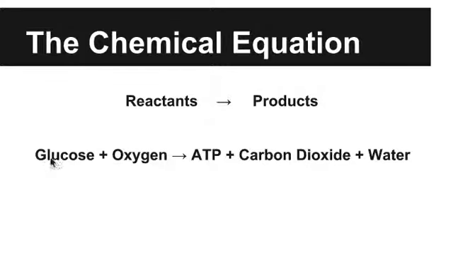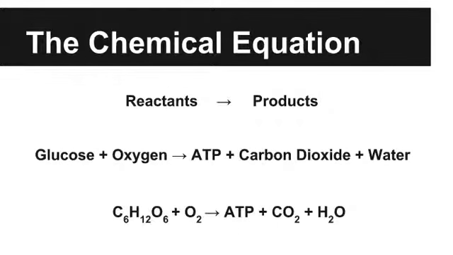This time, we're going to take glucose and oxygen, and make energy known as ATP, carbon dioxide and water. Chemically, that looks like this: C6H12O6, which is glucose, plus oxygen, turns into ATP and CO2 and H2O.